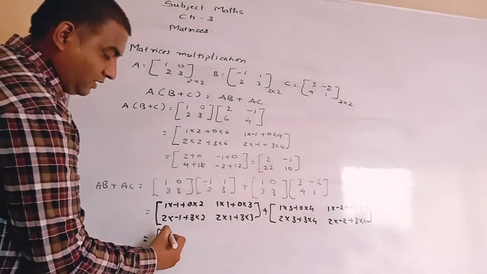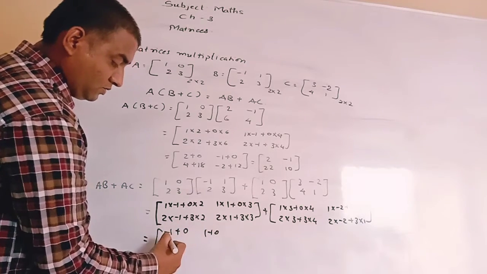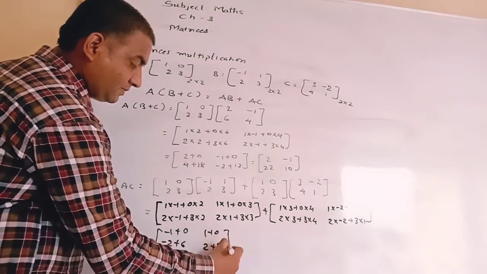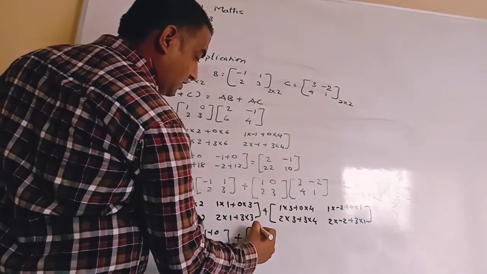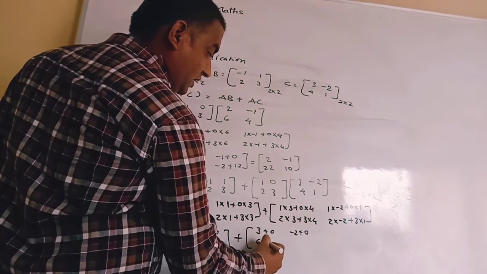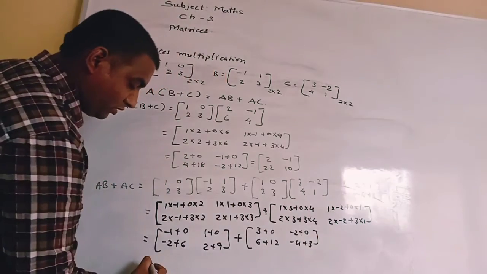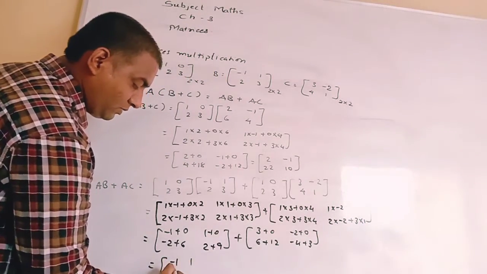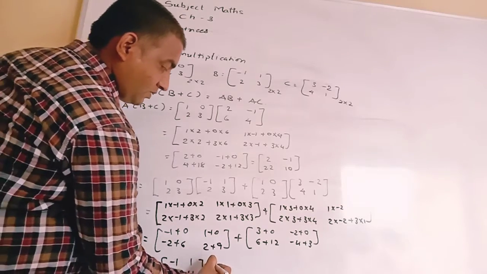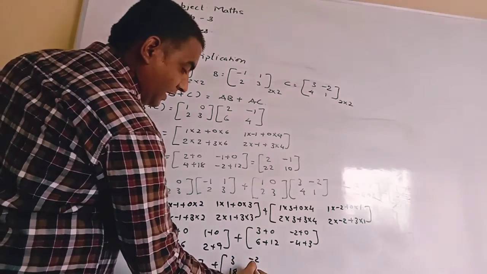So we can take that -1 plus 0, 1 plus 0, -2 plus 6 and 2 plus 9, plus 3 plus 0, -2 plus 0, 6 plus 12, -4 plus 3. So it will be -1 1 4 and 11 plus 3 -2 18 and -1.